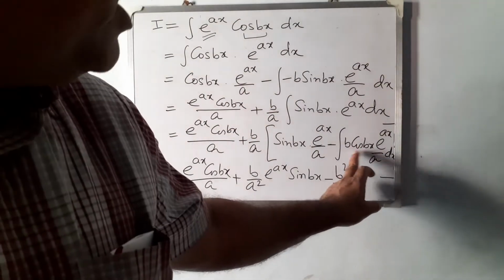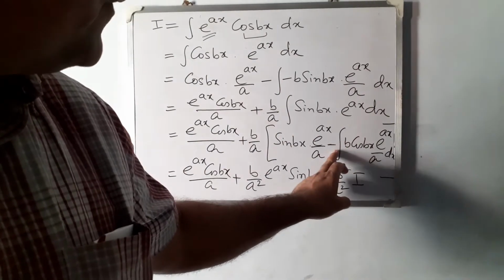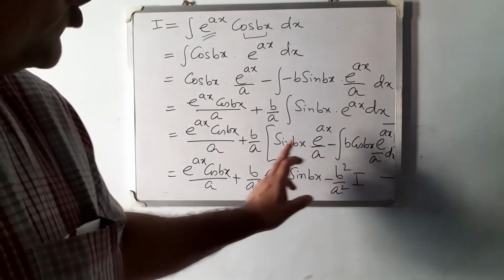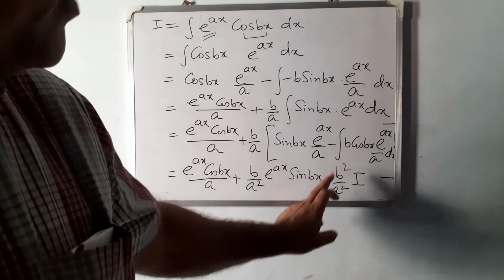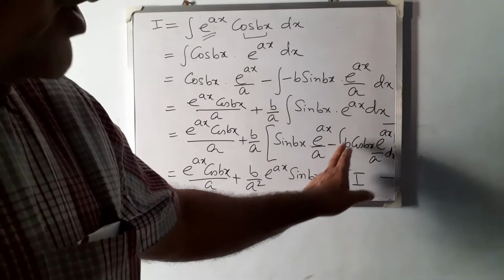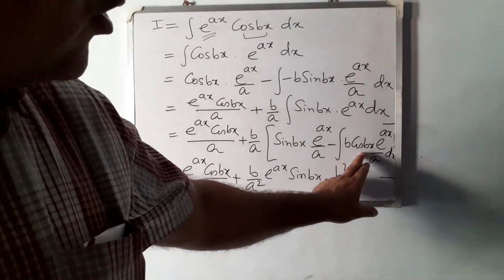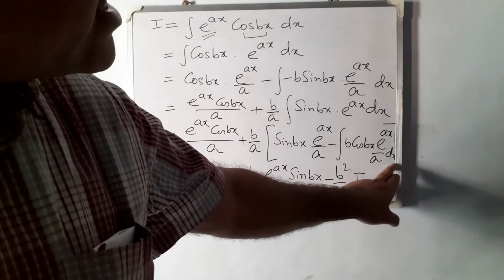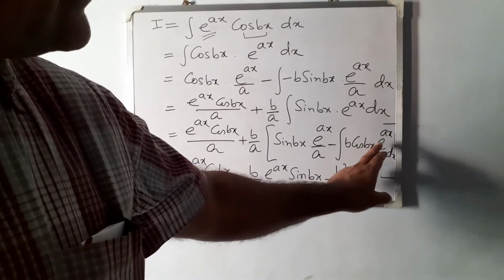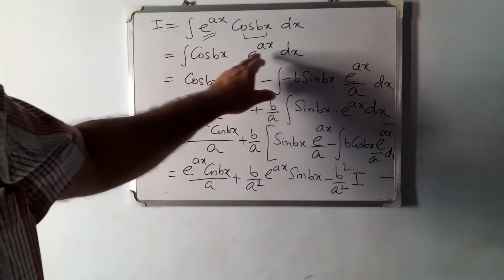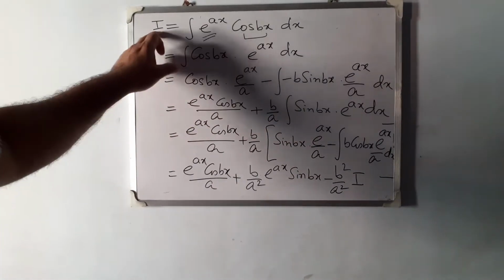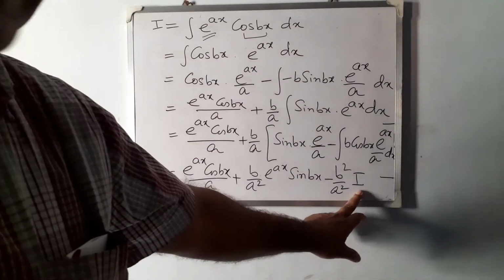Because b by a comes out of this integration. Now b by a multiplied by b by a becomes b square by a square, and whatever remains here is integral cos bx e power ax dx. Now cos bx e power ax dx we have already taken as I, so we have just written I here.